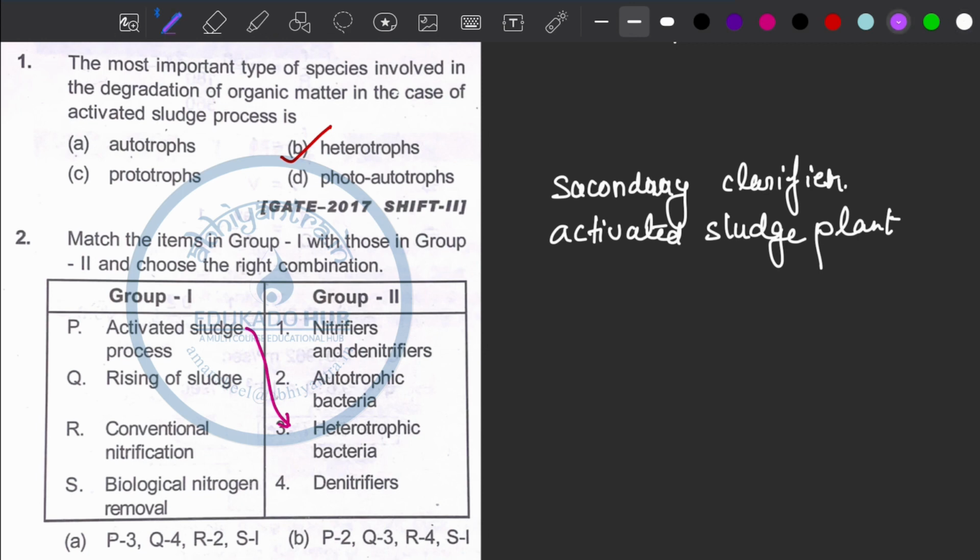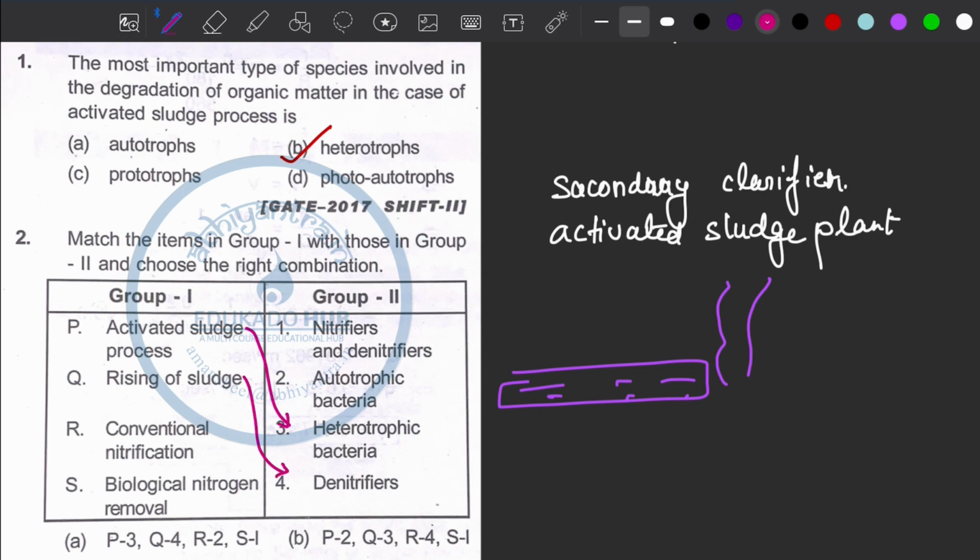It results in denitrification. So the correct option should be denitrifiers. So Q to 4.